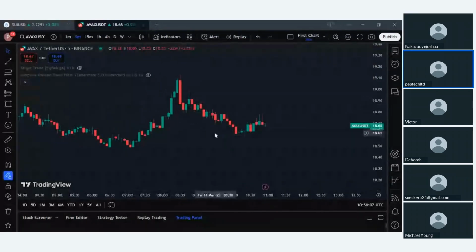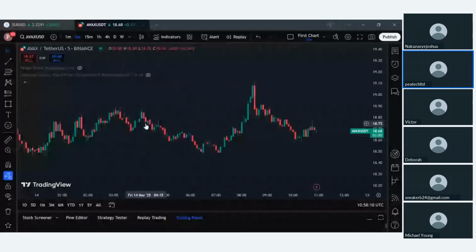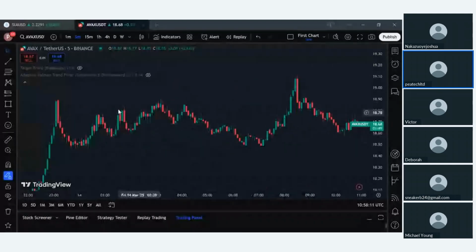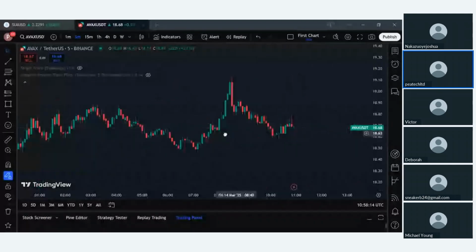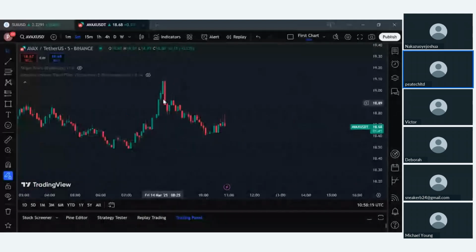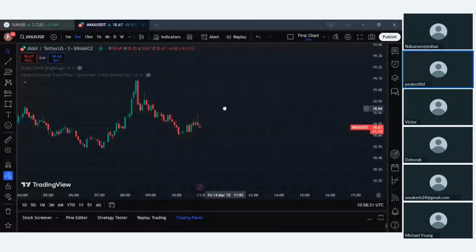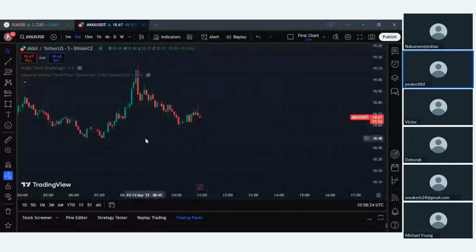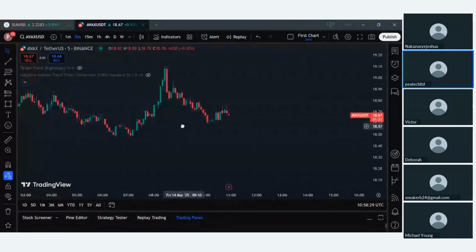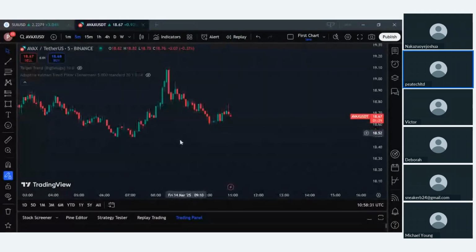For the Japanese candlestick, most of the candles that you see have meaning. They have what they are trying to tell you in the market. And they have names. We call some doji, some morning star, they have different names. So I'm going to shift that to our next class, please.